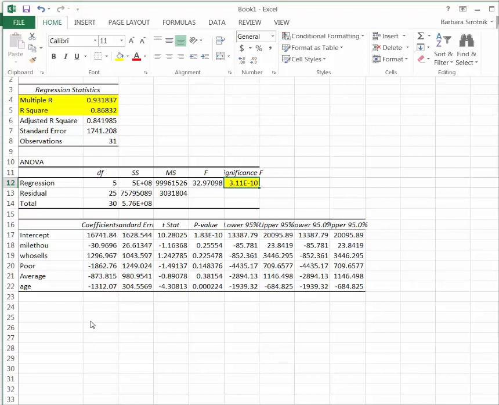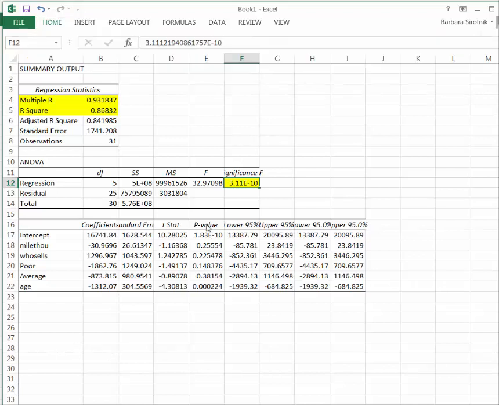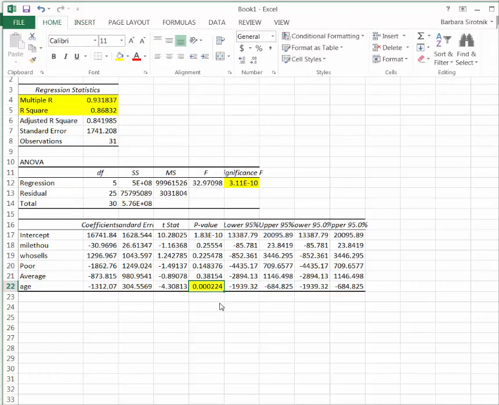But now, which are the good variables of all of these that helped us to predict the price of the car? Well, all I need to do is to look at my p-values here and realize that any of the p-values for my independent variables that are less than 0.05 are good predictive variables. What's less than 0.05? Age. And that's it. That's why my R squared hasn't really improved from the last time I ran it alone.